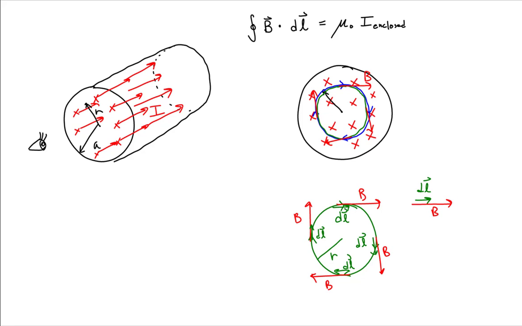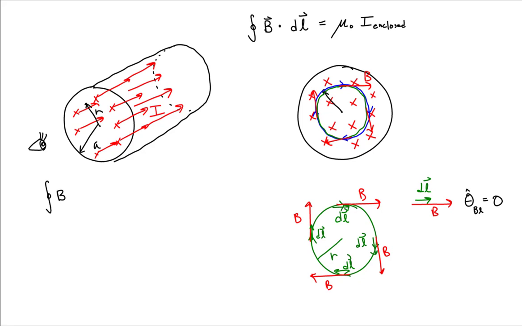And notice that the angle between the magnetic field and our tiny element of loop at all points on the loop is equal to 0. So I'll represent that as the angle between the magnetic field and a segment of the loop being equal to 0.